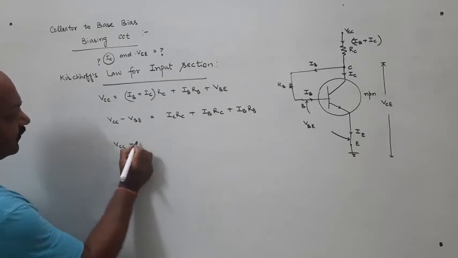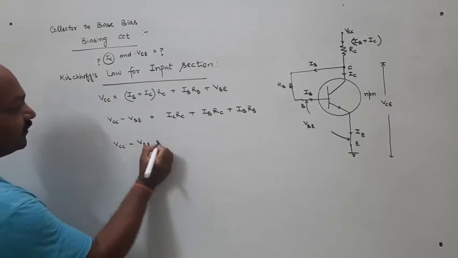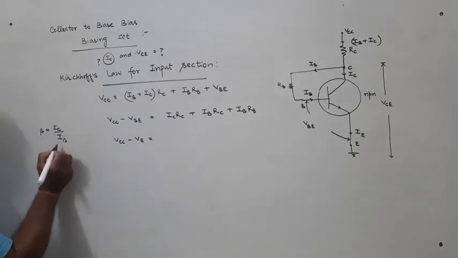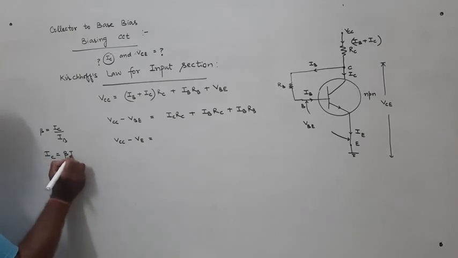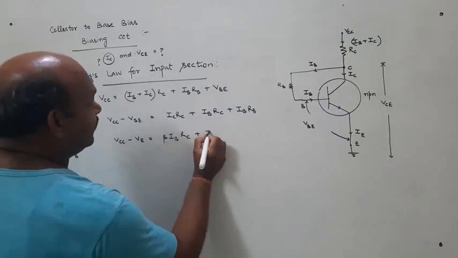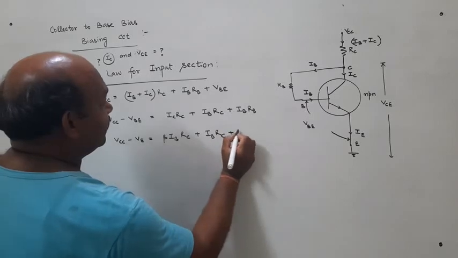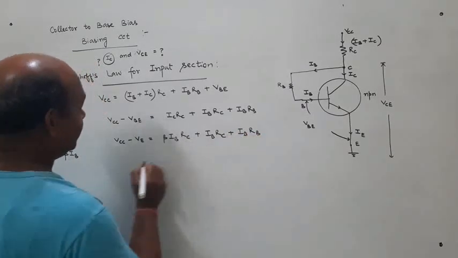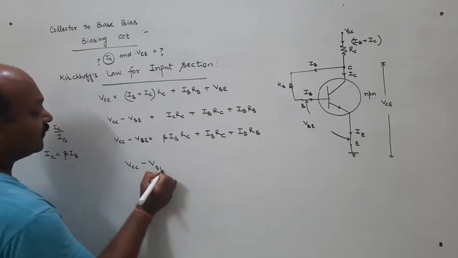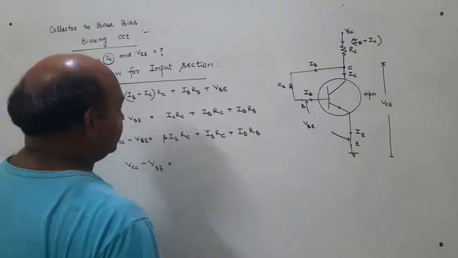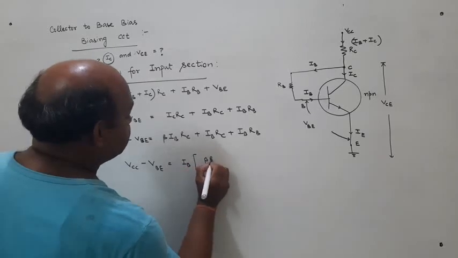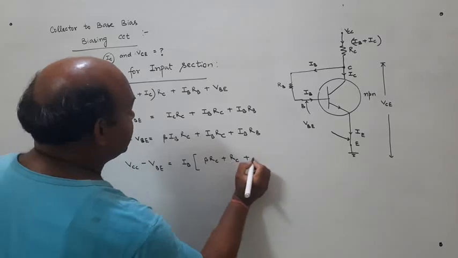Here we can use this formula. So it will be, if we take IB common, beta RC plus RC plus RB.